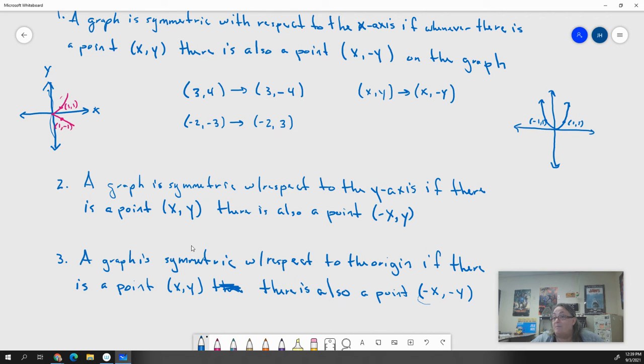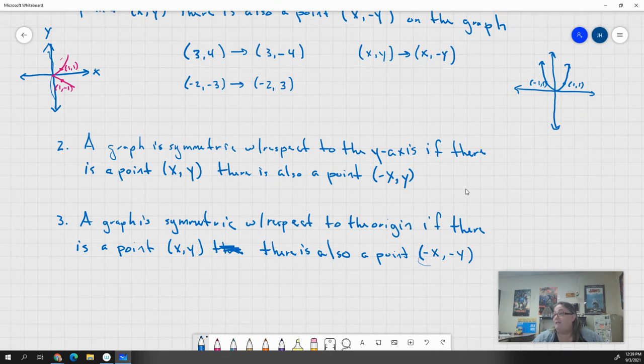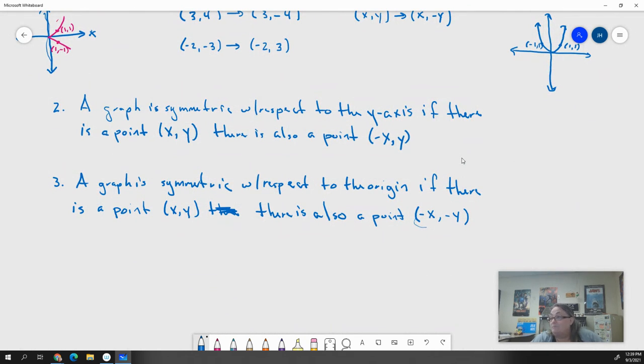They would both be opposite, right? So what does that mean? That means if I have a point (3, 4), I also have to have a point (-3, -4). If I have a point (-2, 1), I also have to have a point (2, -1).